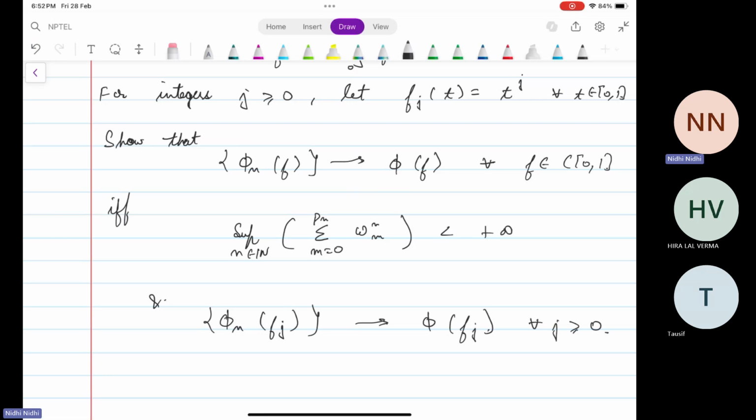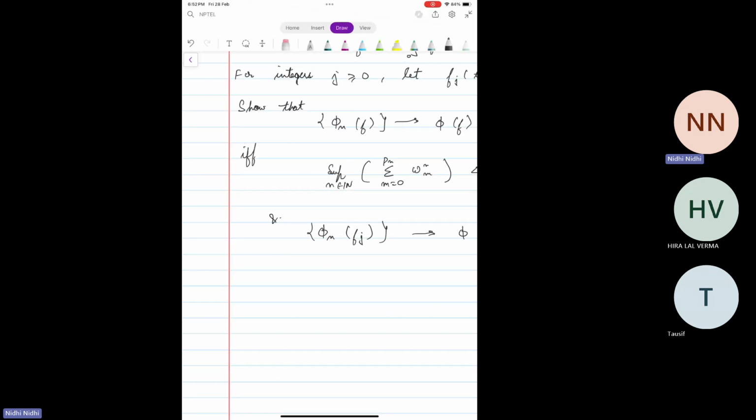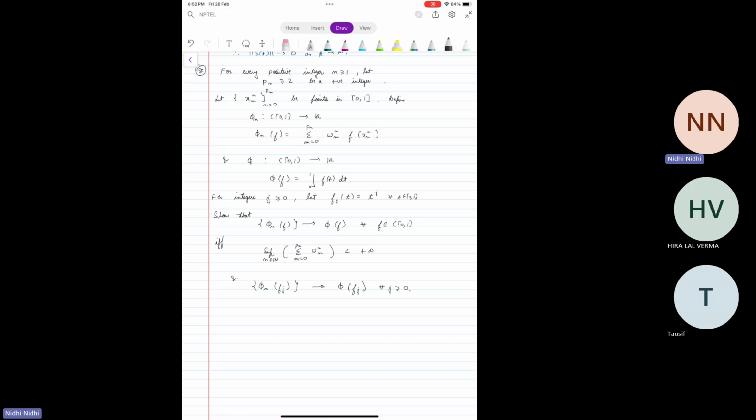Now this question seems very complicated because it has a big setup, although the proof is not that difficult.